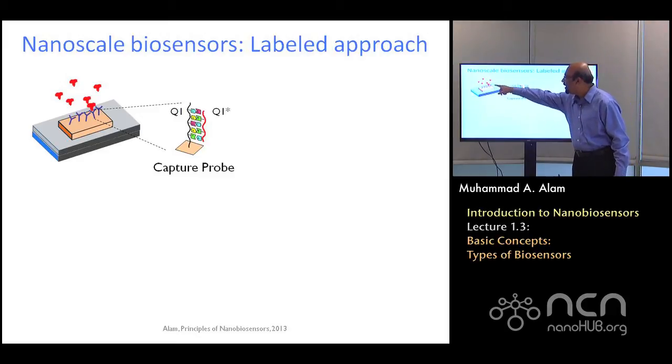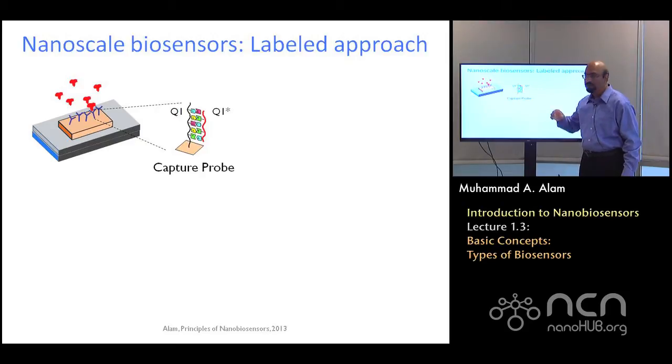And then the target molecule could also be another segment of DNA. This molecule is diffusing around and eventually getting captured, because A goes with T, C goes with G, and so therefore these molecules can get stuck together. We'll discuss those things in detail later.